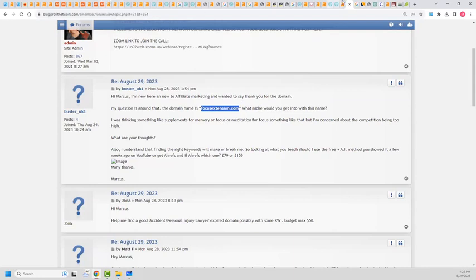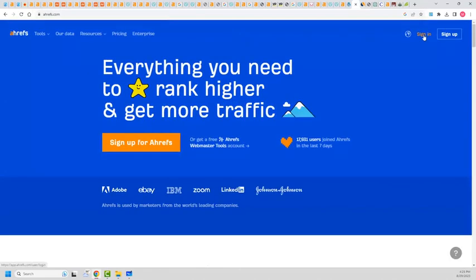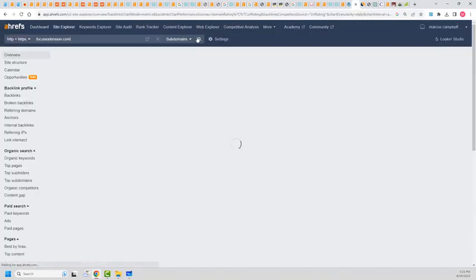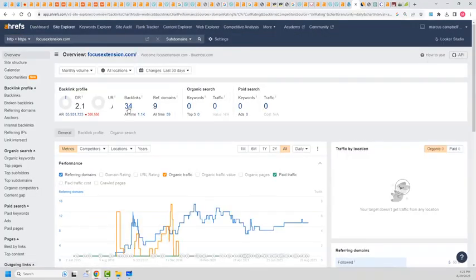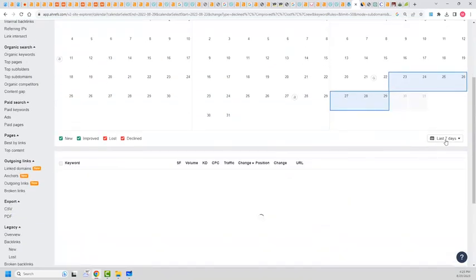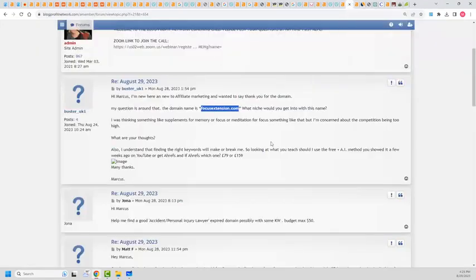Let's see, it might not have rankings. So yeah, I'd probably do Chrome extensions for AI stuff. I think that'd be more fun, better.